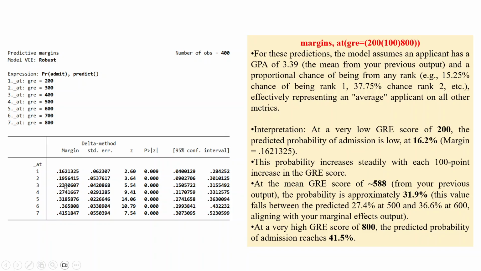This value falls between the predicted 27.4% at 500 and 36.6% at 600, aligning with the marginal effects output. So at 588, the probability is 31.9%. At a very high GRE score of 800, the predicted probability of admission reaches 41.5%.